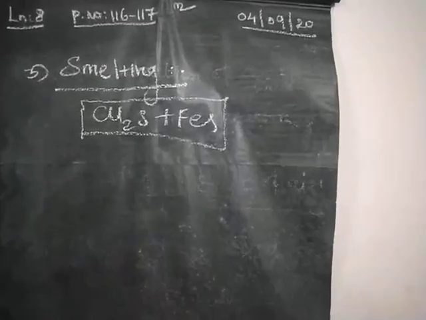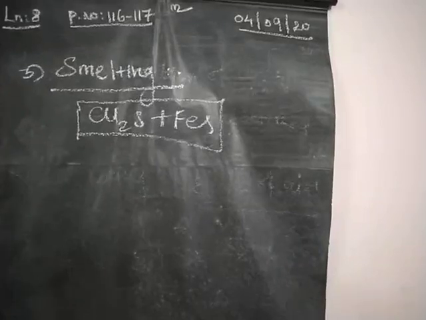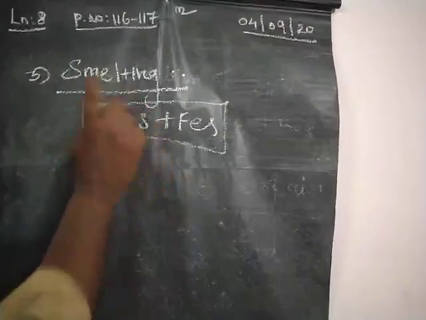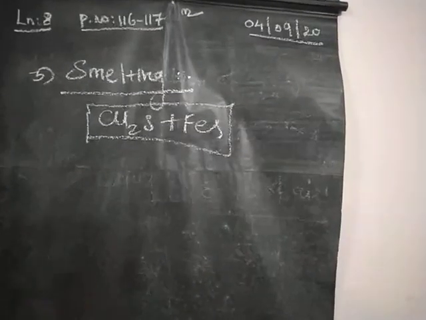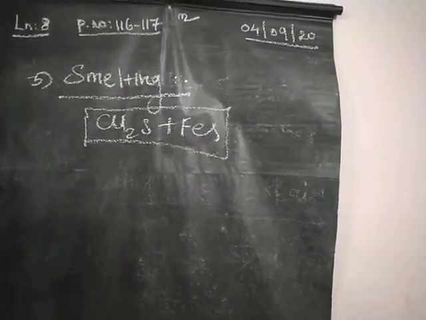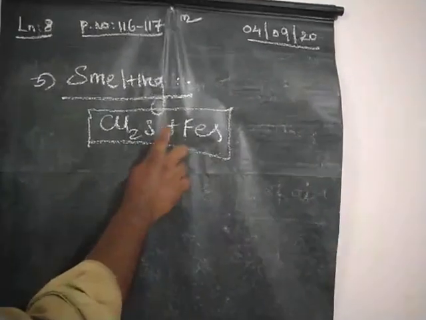The roasted ore is mixed with powdered coke and sand. Coke, as we know, contains a high purity of carbon.